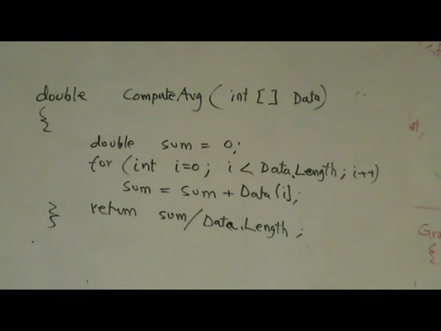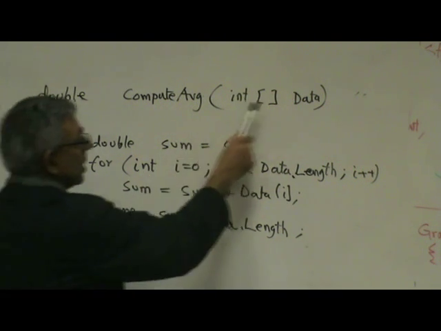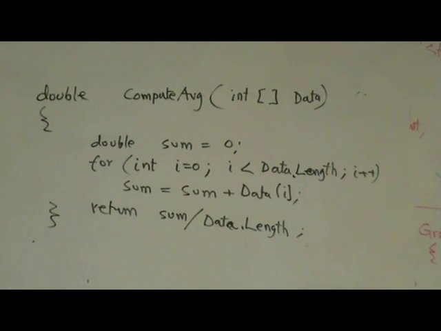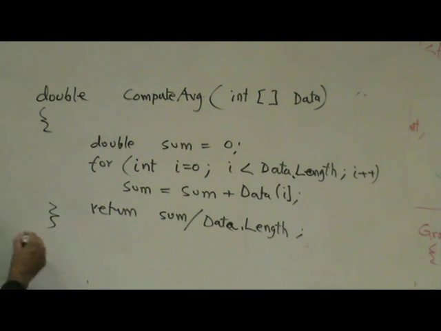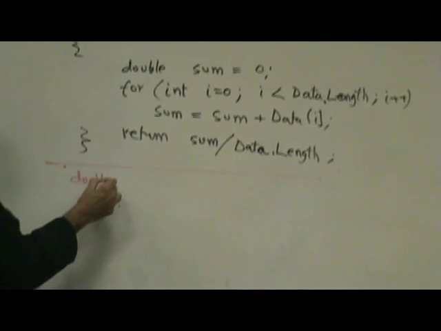Okay. So in this case, it's producing the average of an array of integers, correct? What if sometimes you needed to compute the average of an array of doubles, right? So once again, let's create another example before we convert it into a generic.